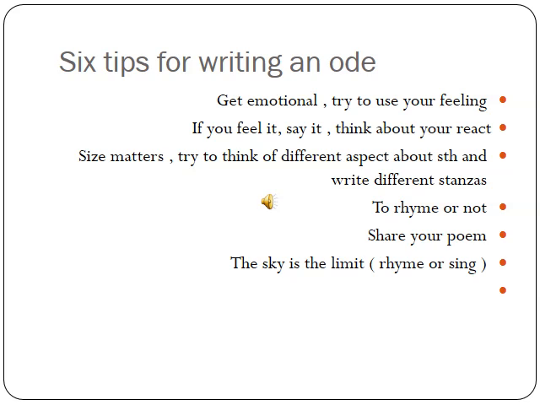While you are going to write an ode, you have to feel what you are going to write. Try to use all your feelings: sadness, happiness, depression, disappointment, whatever. To write a good or perfect ode, you should get emotional. You have to be very sensitive and use your emotion while you are writing what comes to your mind.